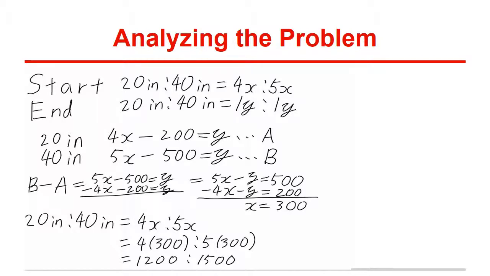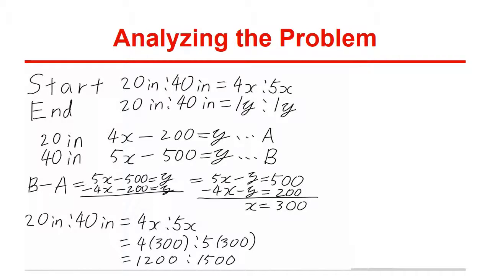So as you can see, the first thing is A and the second thing is B. So now you do B minus A, which equals 5x minus 500 equals y. And then 4x minus 200 equals y.